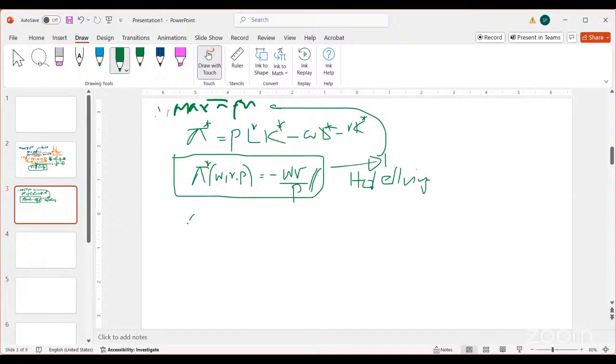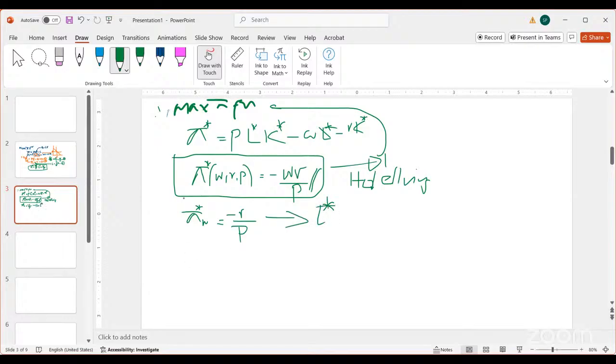For example, when you differentiate the maximum value profit function with respect to W, you get the labor demand function.